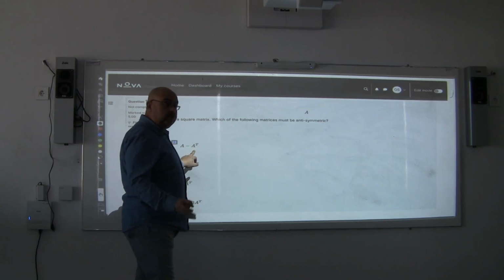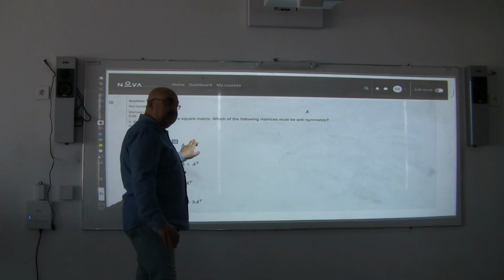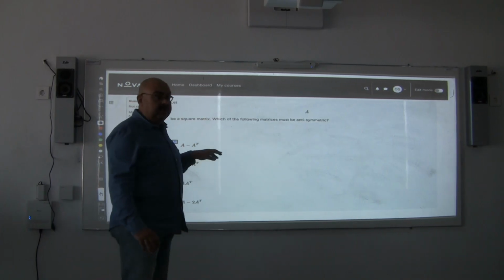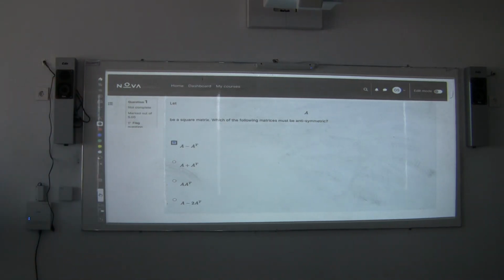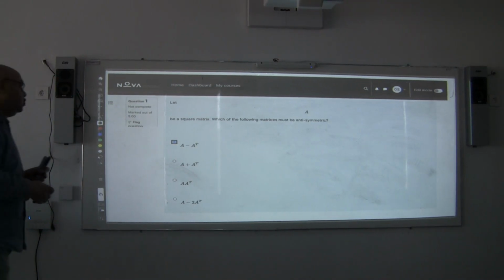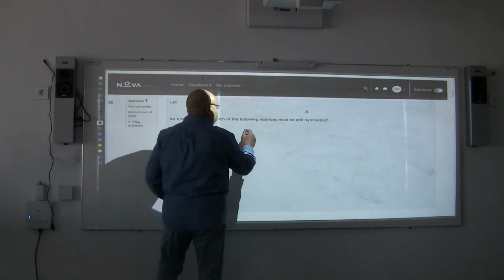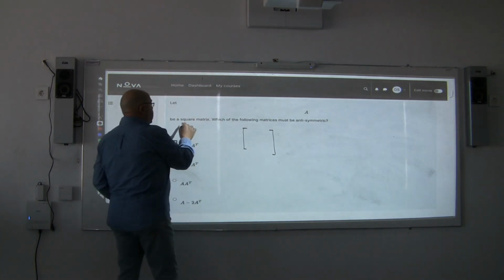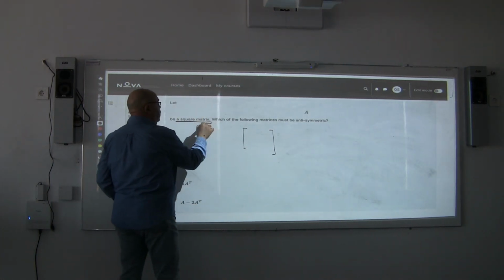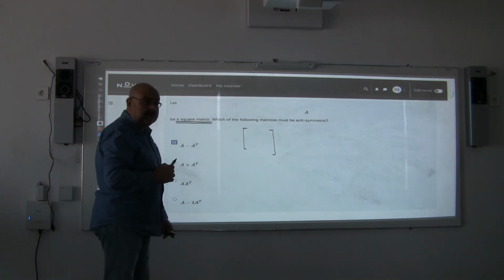So you will be able to choose if it is skew-symmetric, symmetric matrix or whatever. I don't want to lose a lot more time, because I have better things to show you, but at least as we said, I can put in any numbers, because he mentioned that it is just a square matrix.